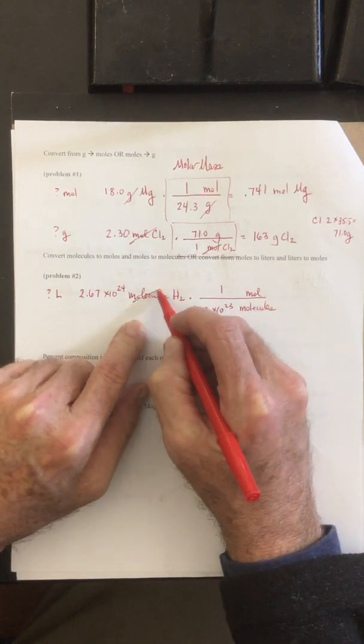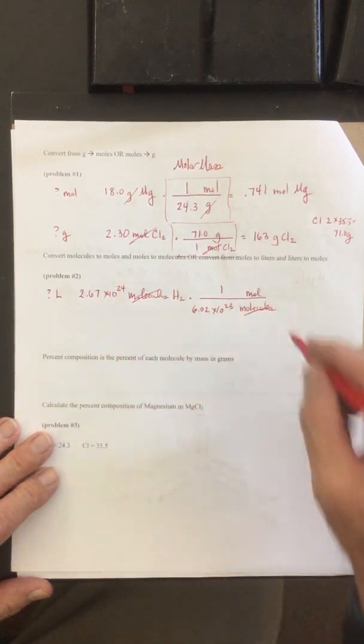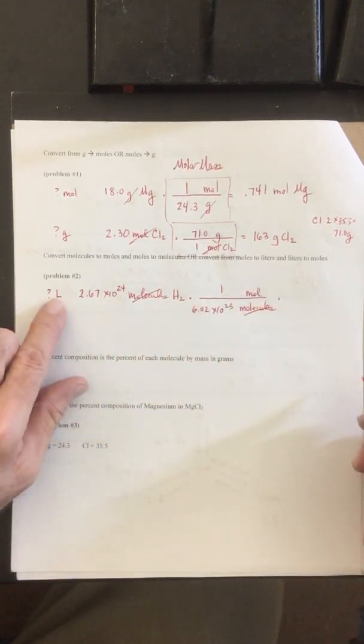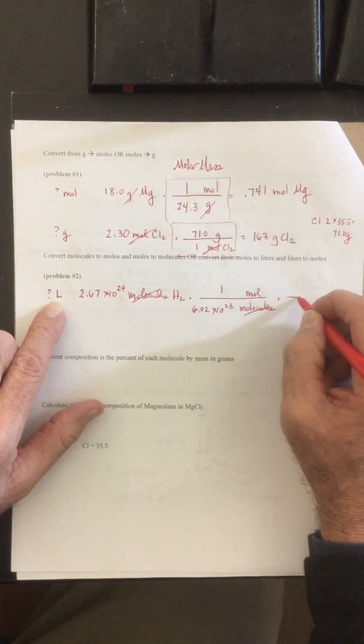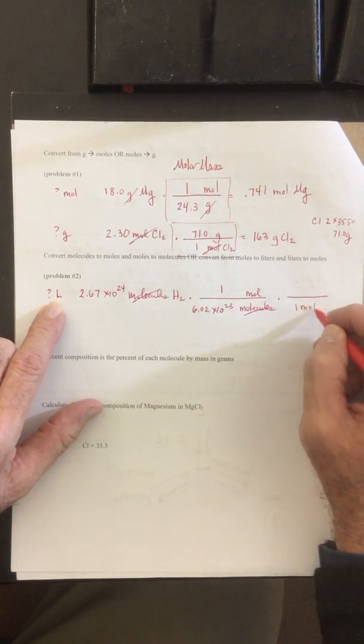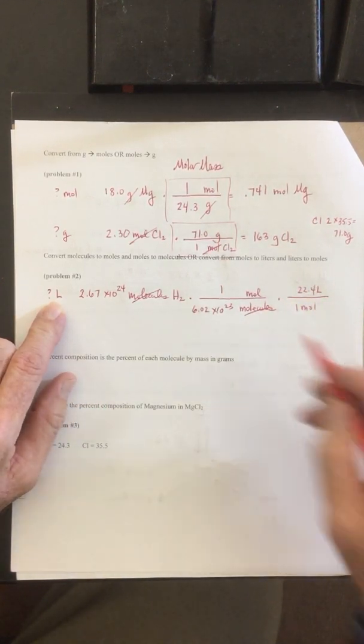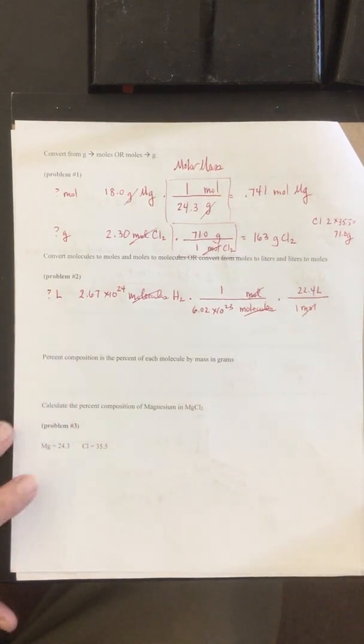You'll notice the molecules cancel, and so therefore I've converted my molecules into moles. But I want to get to liters, so the next step is going to be 1 mole is equal to 22.4 liters. And the moles cancel, and the moles cancel.